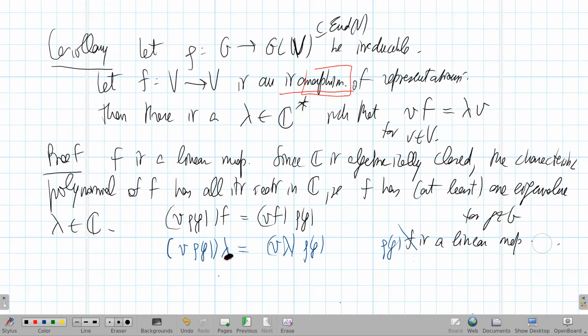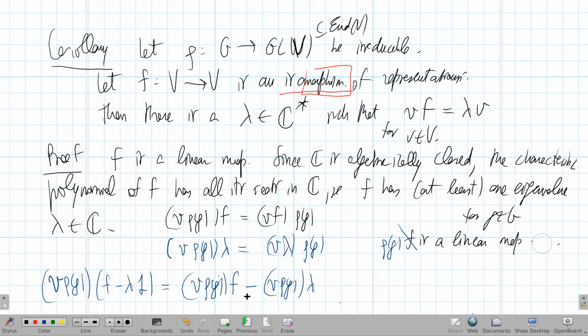And then the calculation I really wanted to do is that if you do v rho G times F minus lambda, the identity, okay? This is v rho G F minus v rho G lambda, because applying this means multiplying by lambda. You can exchange this because of these properties.